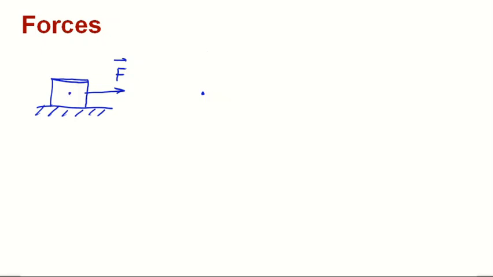So we can just represent it as a force vector to the right. In this case, we would have some other forces. There is one force which is gravity, and the force because of gravity, we call weight. This force here is someone pulling this block, and we would also have a normal force.